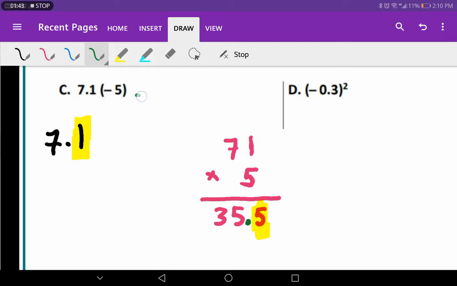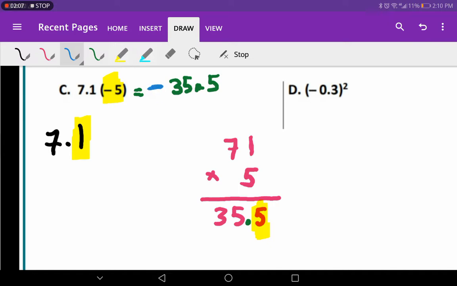So the answer must be 35.5, or as I learned, my student, 35 and 5/10. And don't miss, if you have one negative number, that means the answer must be negative.